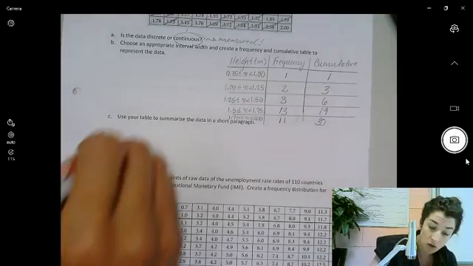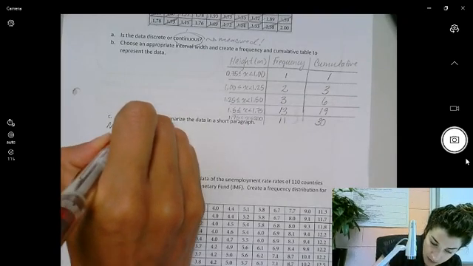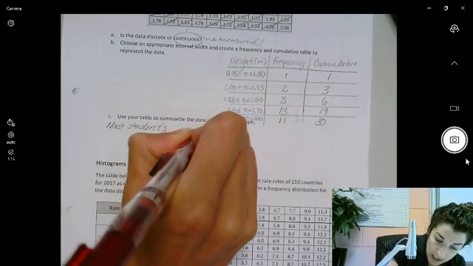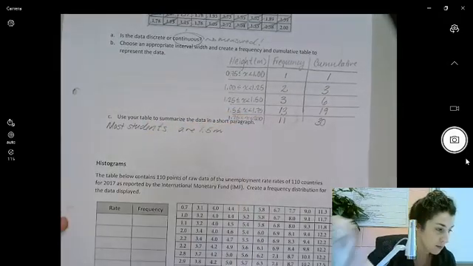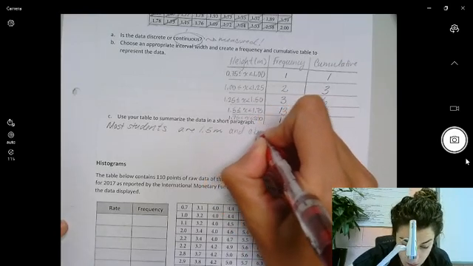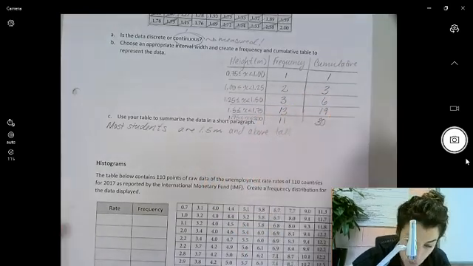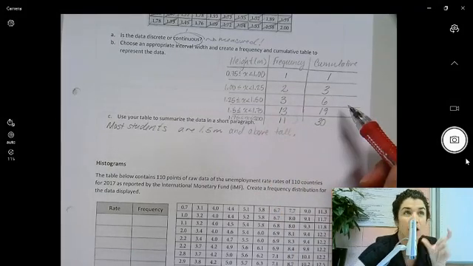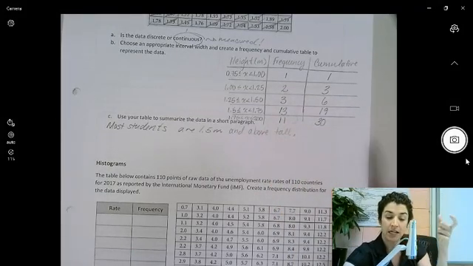So we've got most students who are 1.5 meters and above tall or in height.